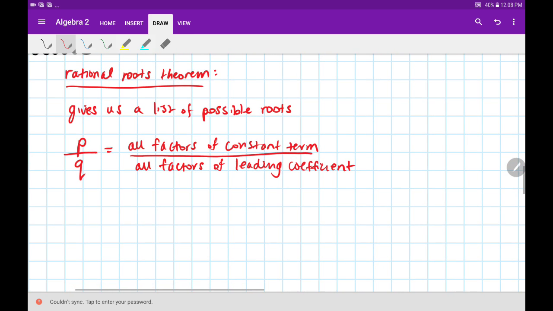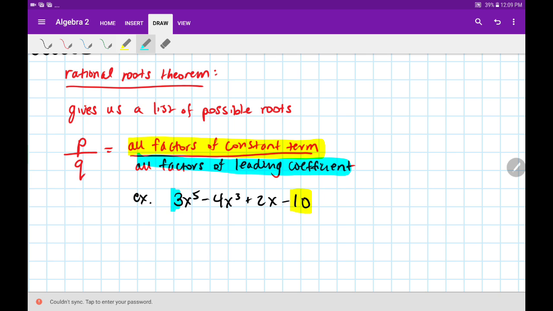So just as a quick example, if I was given 3x to the 5 minus 4x cubed plus 2x minus 10, well, my constant term would be 10. My leading coefficient would be 3.